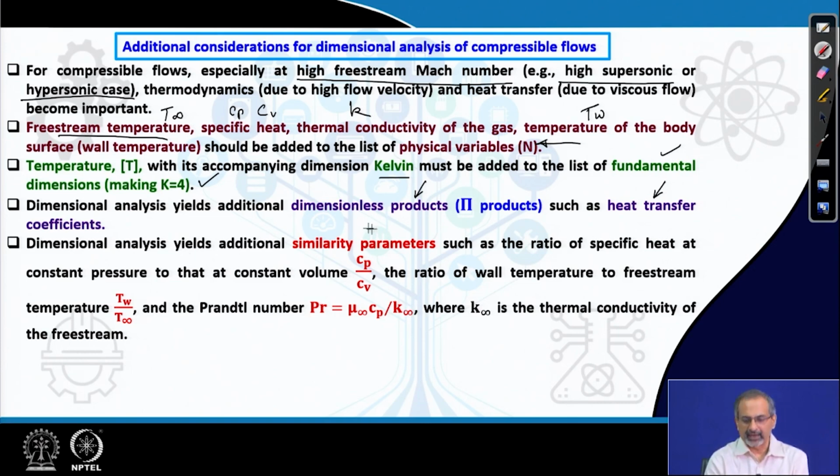Dimensional analysis yields additional similarity parameters, such as the ratio of specific heat at constant pressure to that at constant volume, so the gamma, the ratio of wall temperature to free stream temperature, T wall to T infinity, and Prandtl number, mu infinity Cp by k infinity, where k infinity is the thermal conductivity of the free stream. So, these are the additional aspects that one has to keep in mind for performing a dimensional analysis of compressible flows.